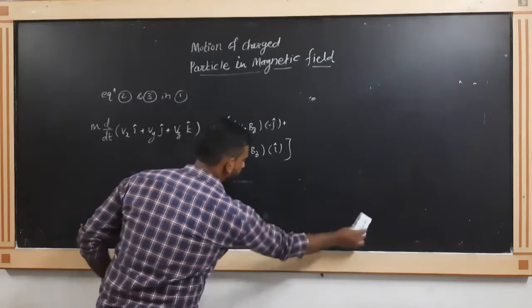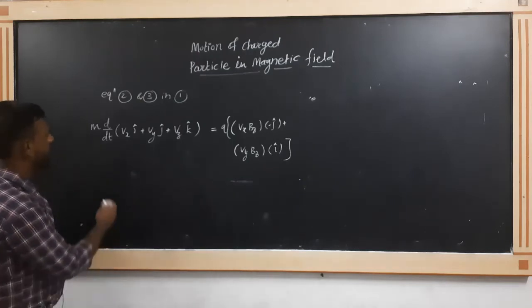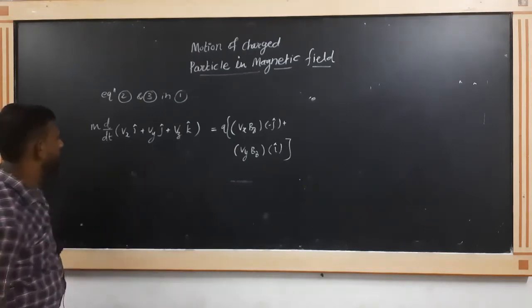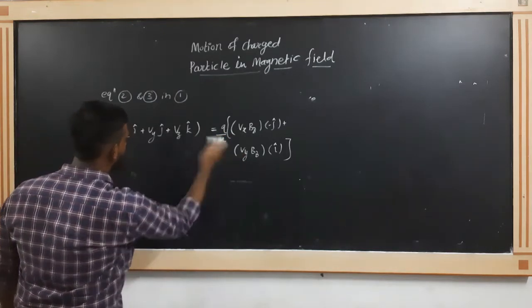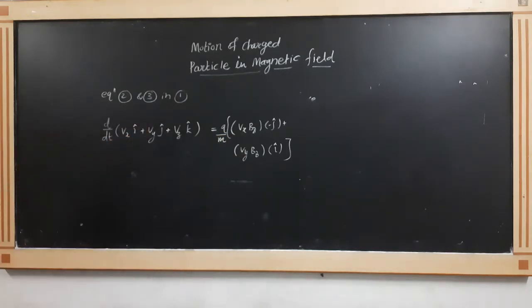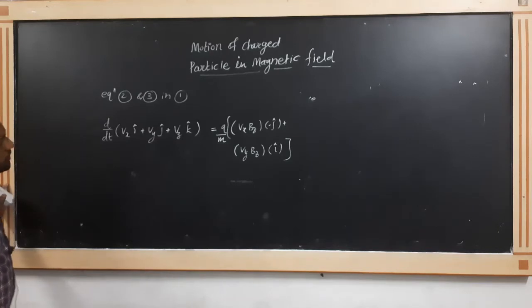Okay, so this is the transformation of this vector. In a similar manner we can write this term over here as well. If you transpose the m to this side, you get this vector in the denominator.